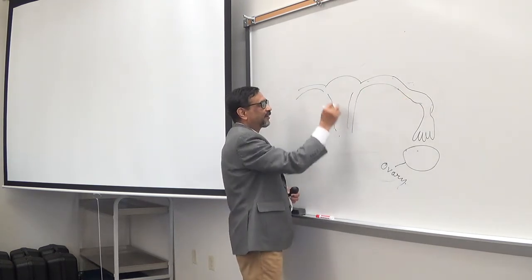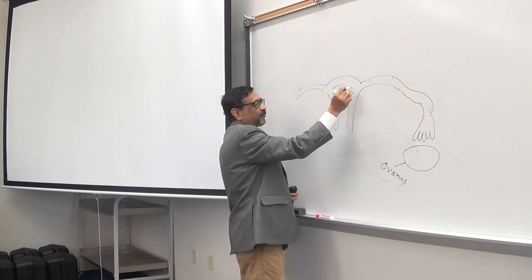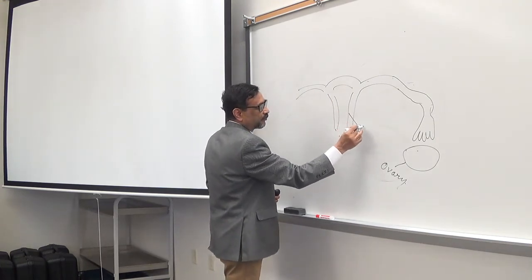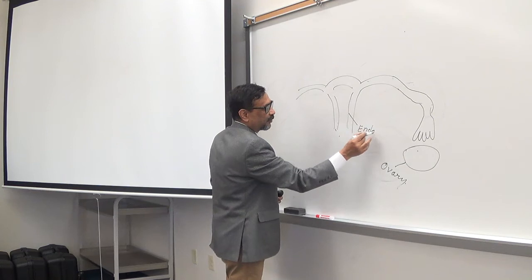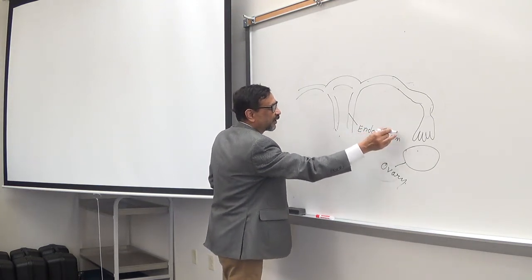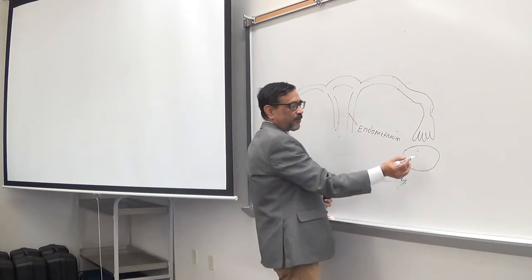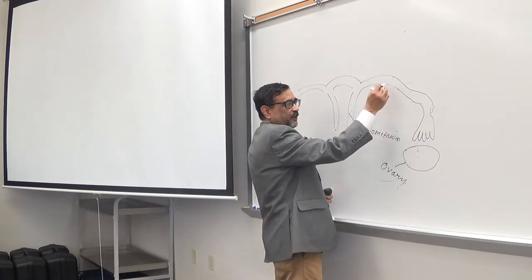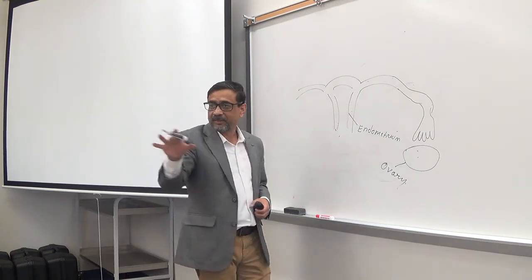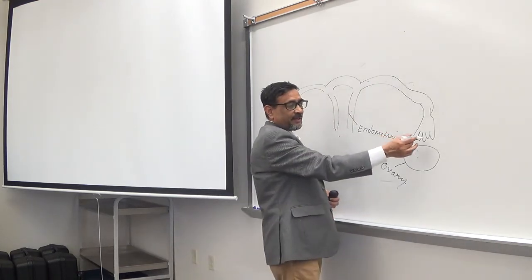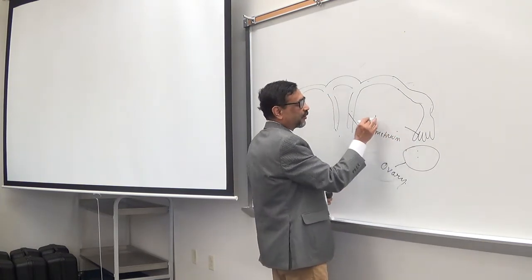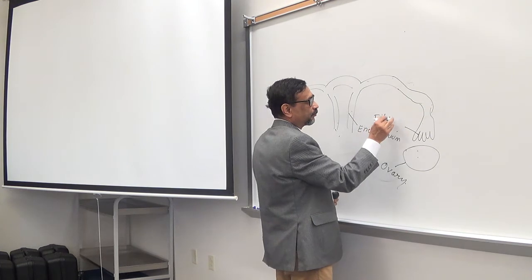And this is the uterus. So, this is the endometrium of the uterus. This is the ovary, and this is the uterine tube. Now, the uterine tube has different parts, I mentioned in the last class. At the end, you have finger-like structures. Those are called what? Fimbriae.